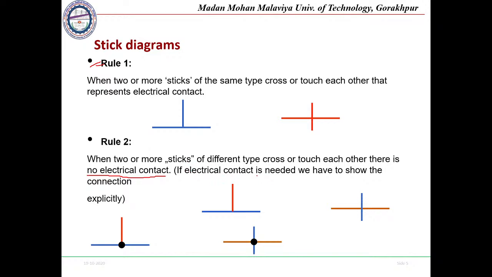But if an electrical contact is needed, we have to show the connection explicitly. That means if there is a connection between this layer and this layer, we should use a contact. This black color circle represents the contact. Once we have deposited this contact onto the two different layers at the point where they meet, only then will the connection between these two layers be considered.